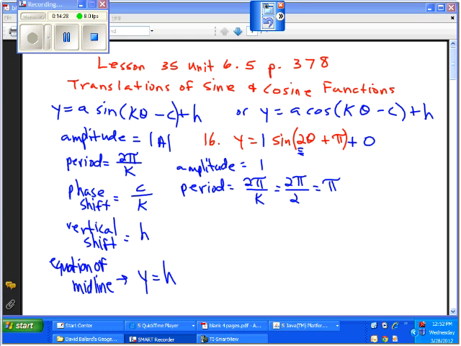What do we do to that period to figure out how to grid it out? To get the gap size, we divide that by 4. And so when I make my x scale, I'm going to do pi over 4, 2 pi over 4, 3 pi over 4, 4 pi over 4. Right?